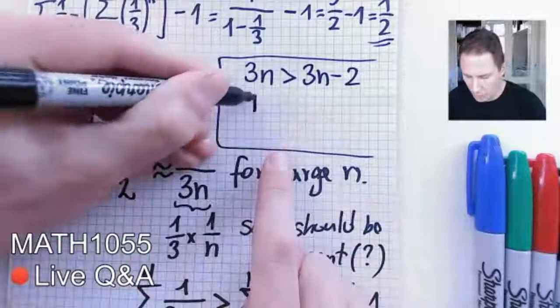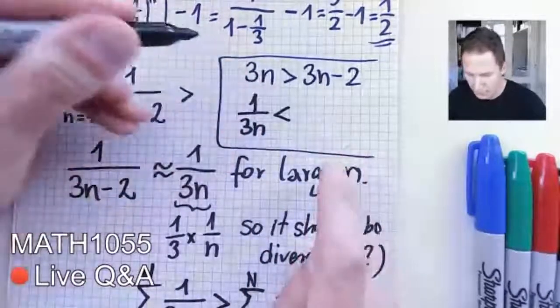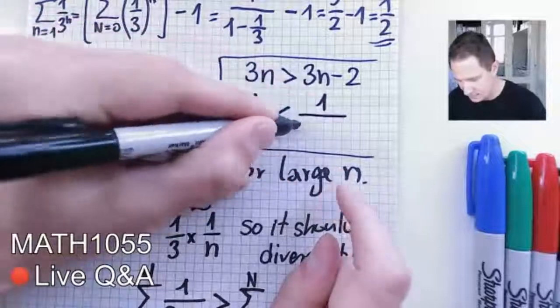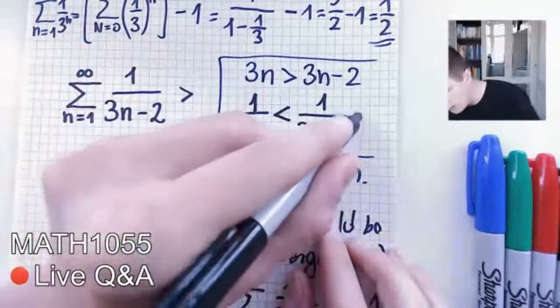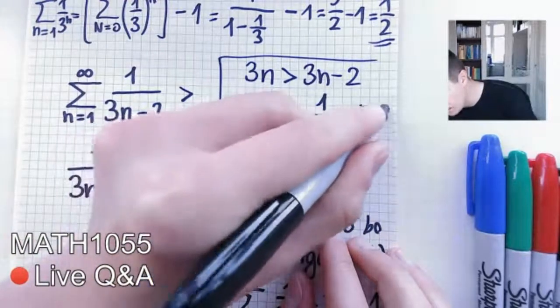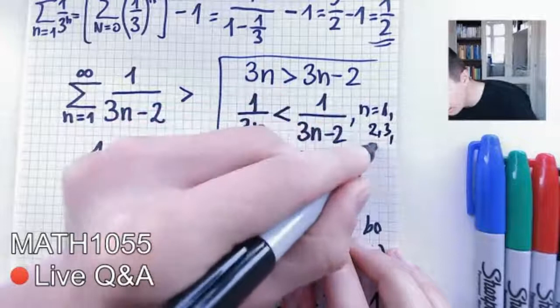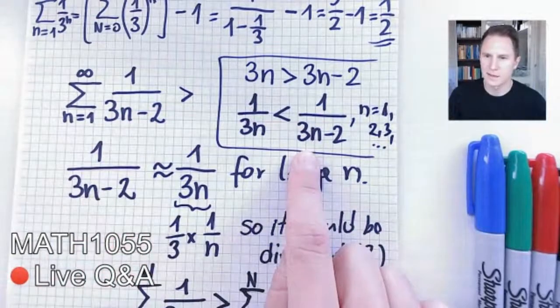So if I divide 1 by a number that is greater than the other, I will get something that is less than the reciprocal of this other thing, for all n that are positive integers. Okay, is that clear?